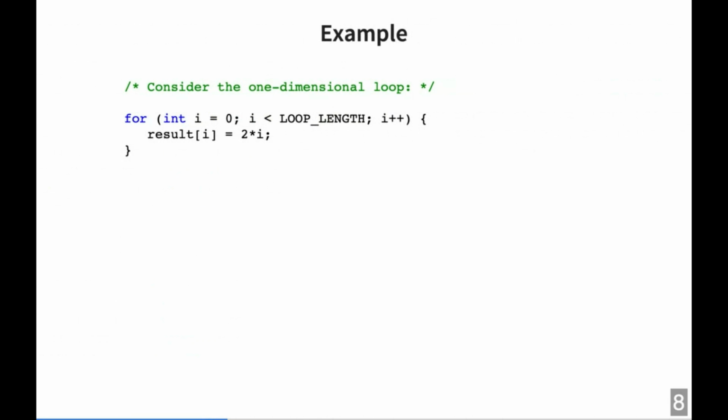Let's think about an example here. Here I've got a loop expressed in C of a given length, and for each iteration of the loop I am going to make an assignment to an array which I've called results based on the loop index.